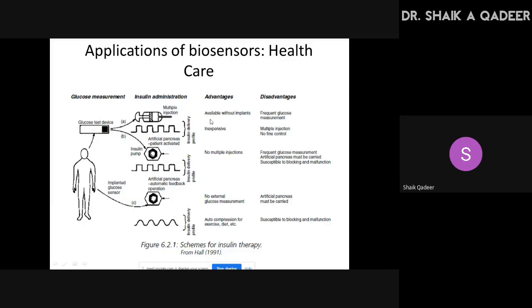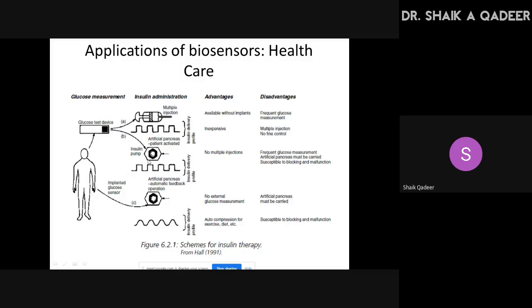Externally we can inject. The disadvantage is that frequent glucose measurement is needed in this case. So if we follow this procedure, a glucose test is followed by a suggested insulin injection.